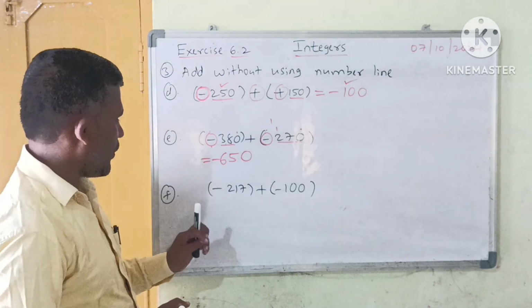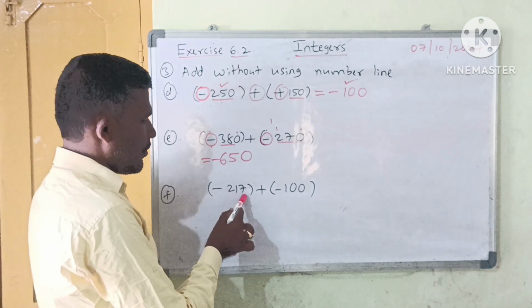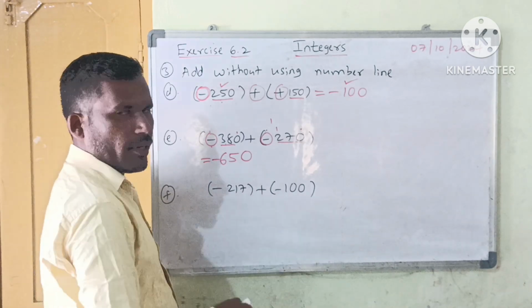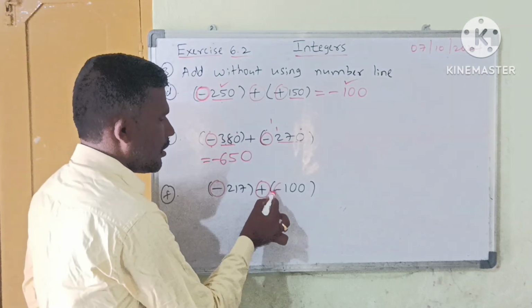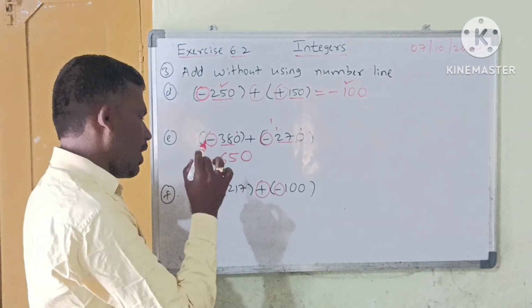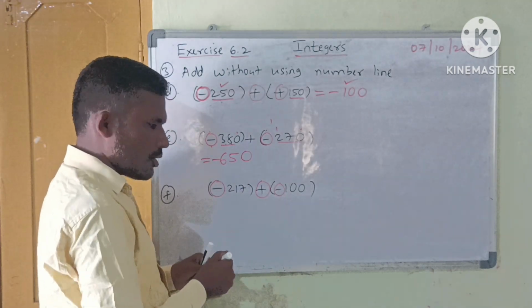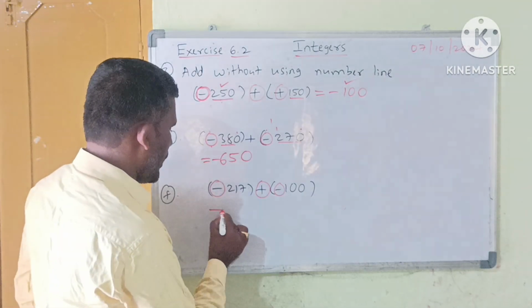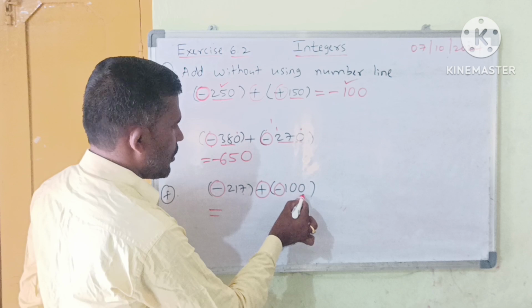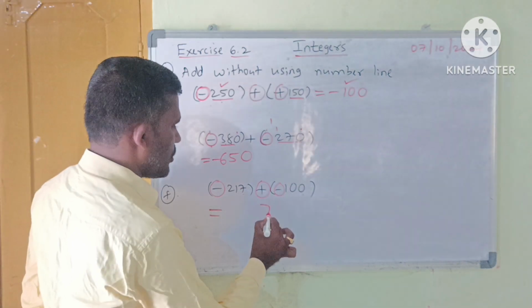Next, F. Minus 217 plus minus 100. Here we are adding, but which integers? Both are negative, so you have to add the two integers. When adding, here 7, here 0, 7 plus 0 is 7.